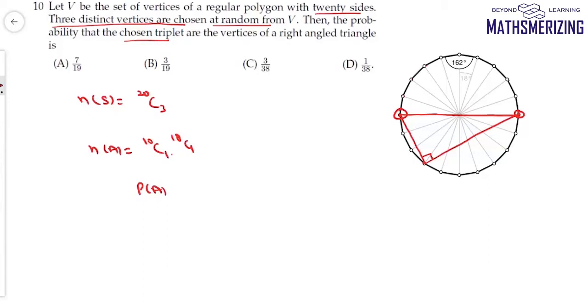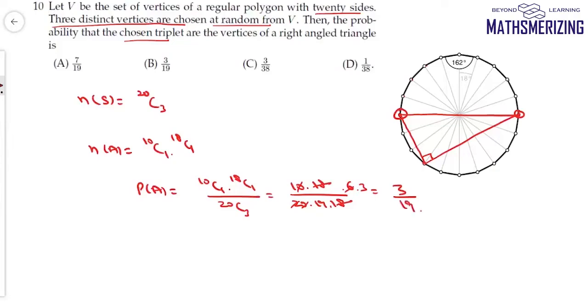So the probability of getting a right angle triangle will be simply 10C1 into 18C1 upon 20C3. Now this is 10 into 18, and this is 20 into 19 into 18 by 6. So I'll cancel it, and this is 3. So this probability is equal to 3 by 19, and that's your option number B.